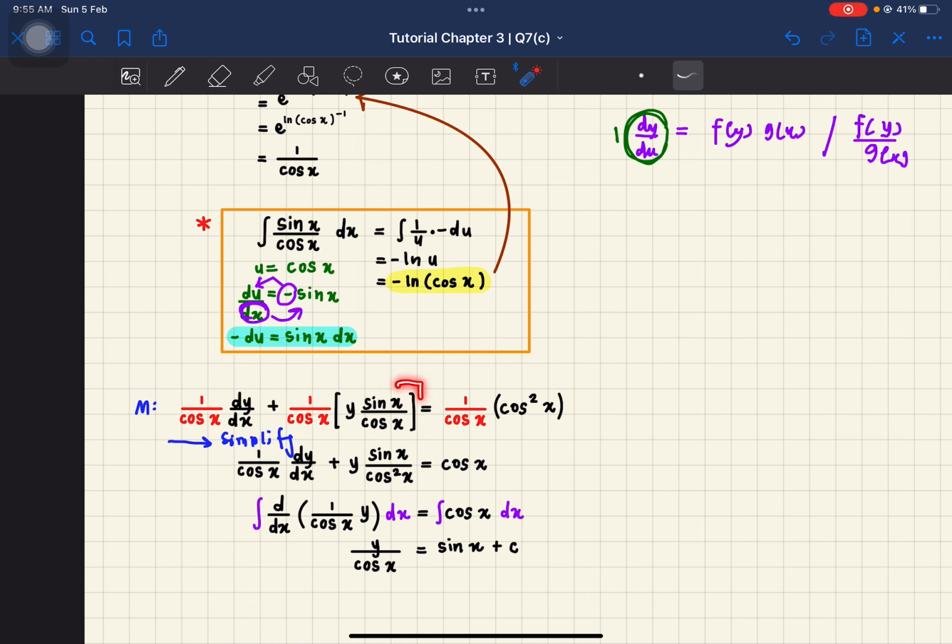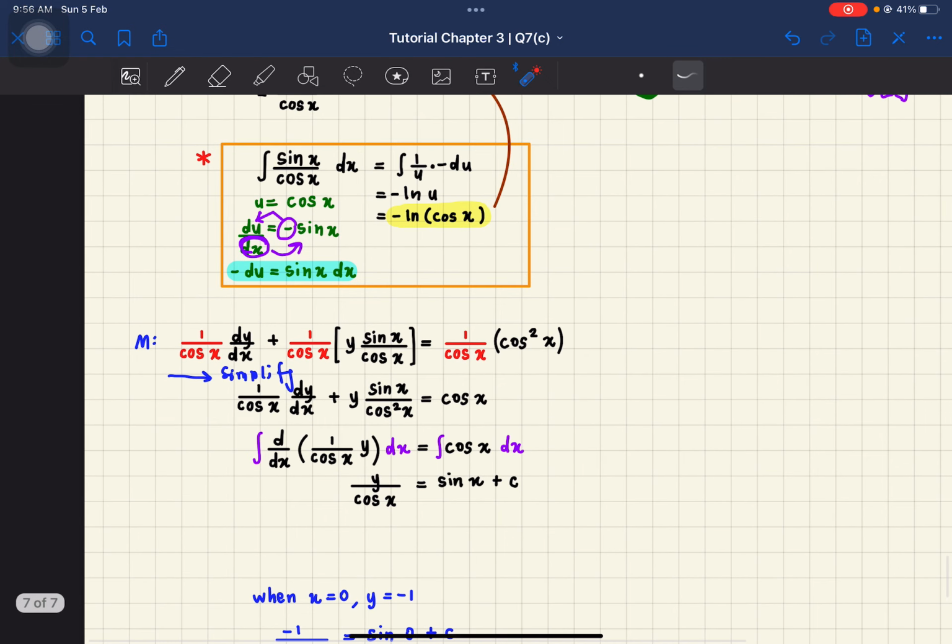Right, and then this one, kalau ikutkan, kita ada cos 2 kali dekat bawah. So, saya combinekan jadi cos square. Okay, and then this one kita ada cos and then square. So, boleh cancel out kan. This one tak ada, so tinggal cos x sahaja. Settle.